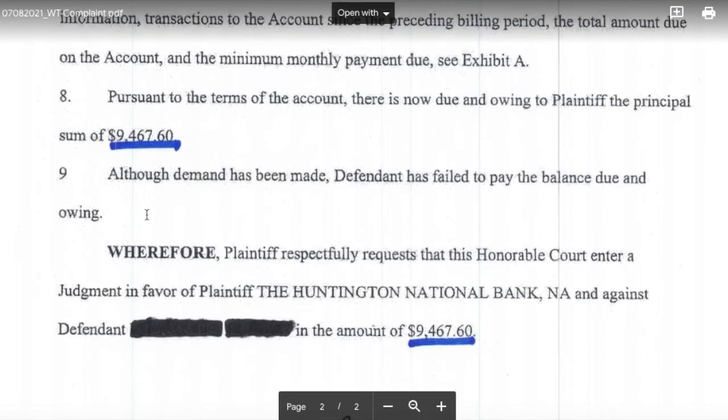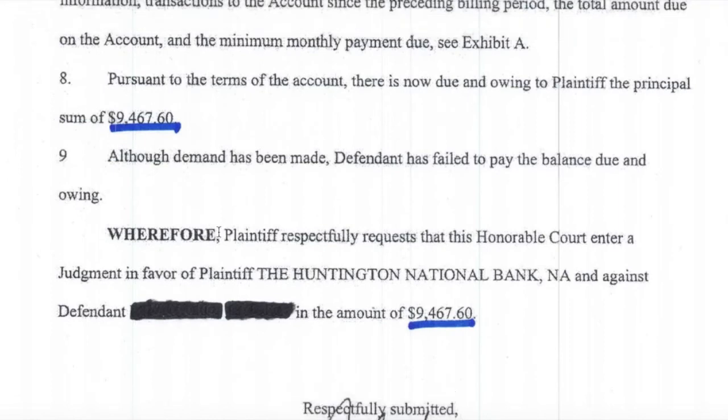All right, so then you're going to get into, this is a fairly concise and very summarized complaint, but sometimes there'll be a title here that says prayer for relief or relief requested, and then the plaintiff will list out what they expect or what they're petitioning the court to do.